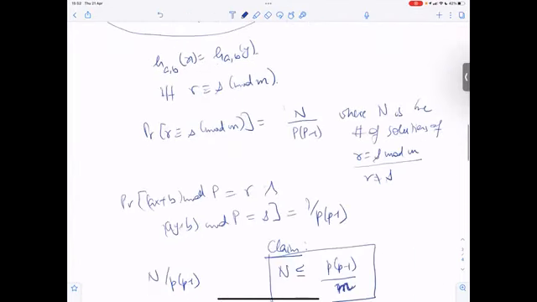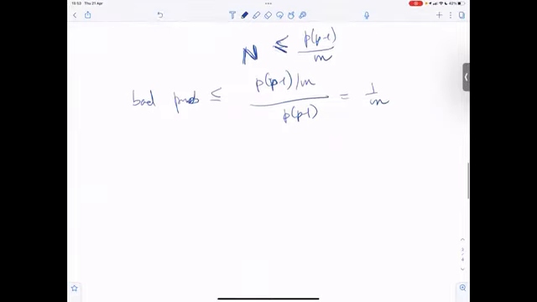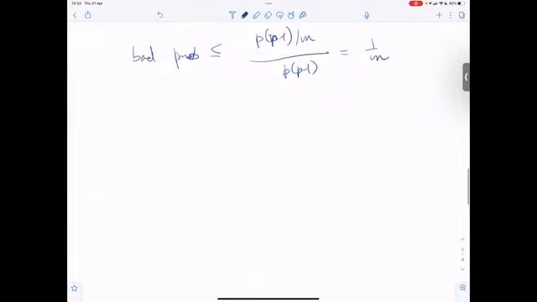There are many such schemes. I will just tell you about one more scheme.